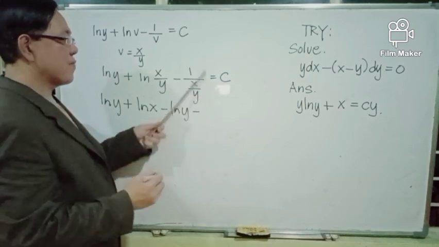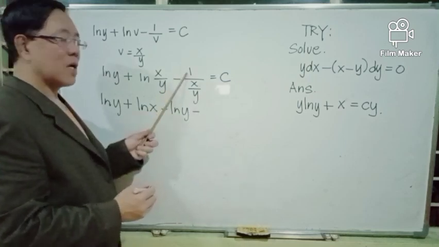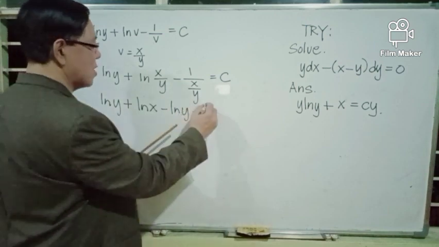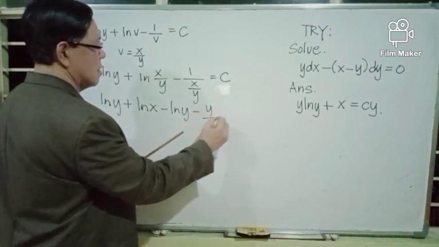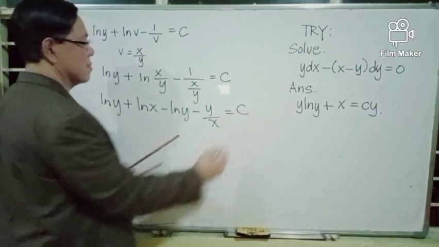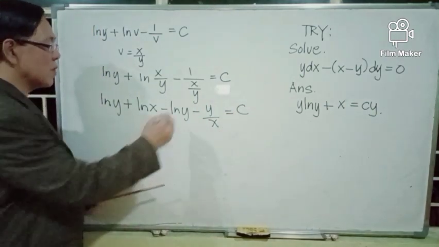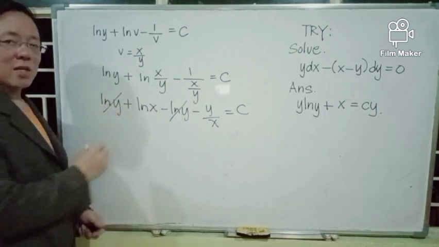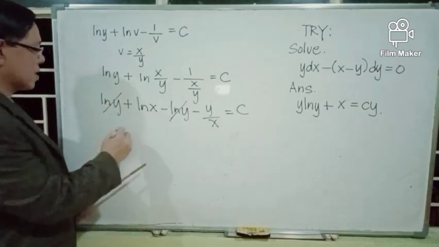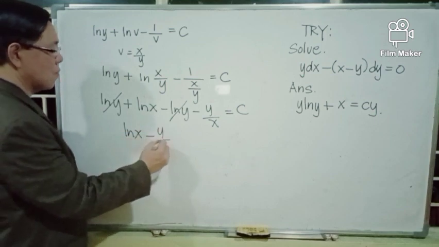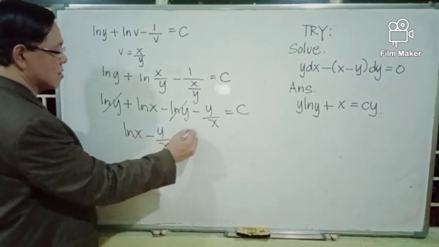And to simplify this, we multiply 1 by the reciprocal of y over x, which is x over y, equals c. And ln y minus ln y will cancel out because they add up to 0. And we get ln of x minus y over x equals c.